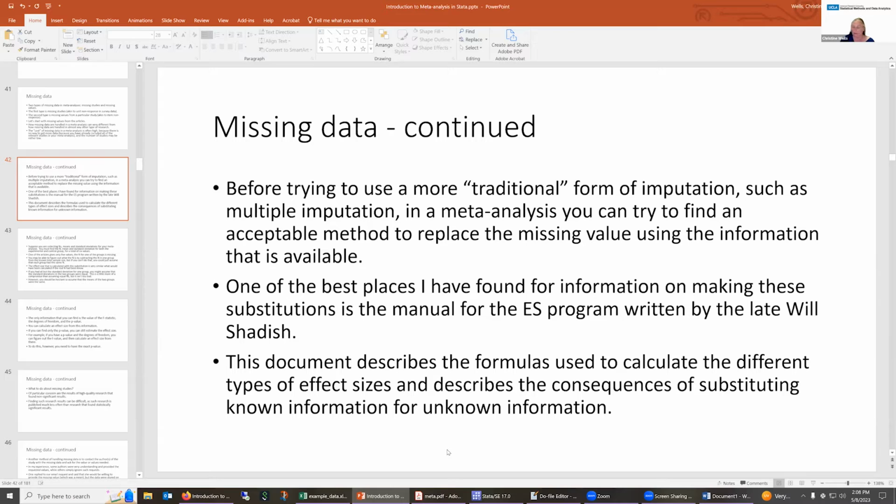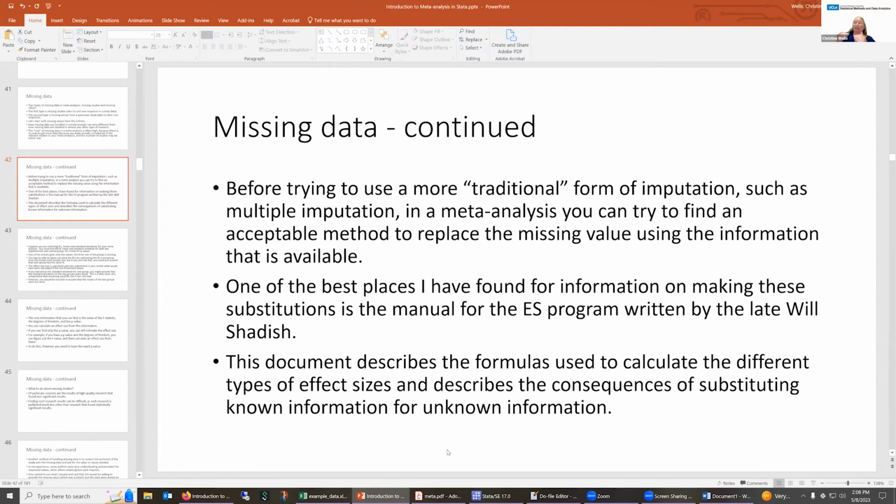I just found out last week that the link to it off of the UC Merced website, where he was founding faculty, is no longer working, and I haven't found a replacement link yet. But I did bash around a little bit and found it on some other sites, so you can look around for it.